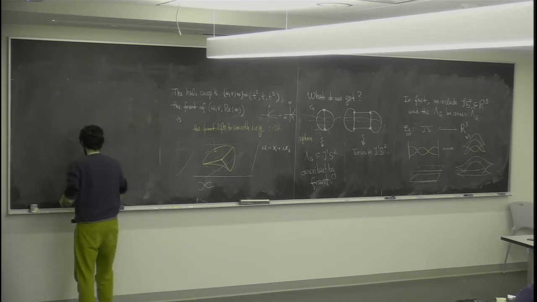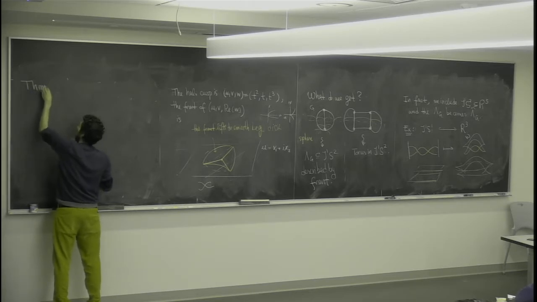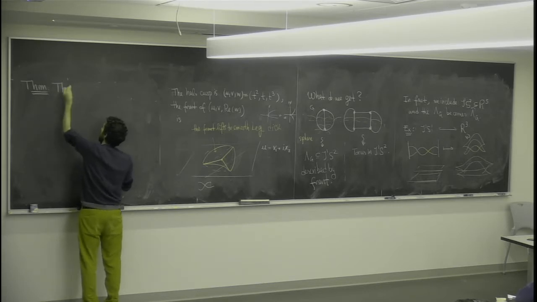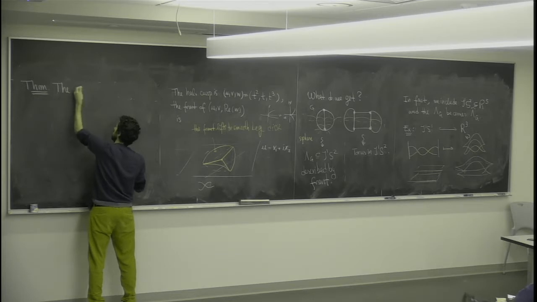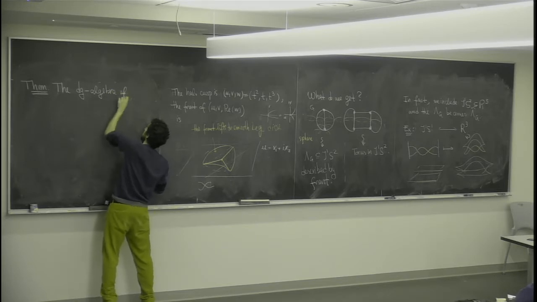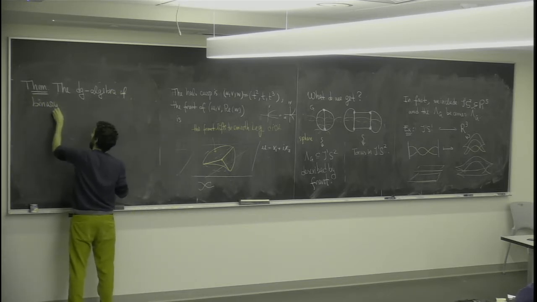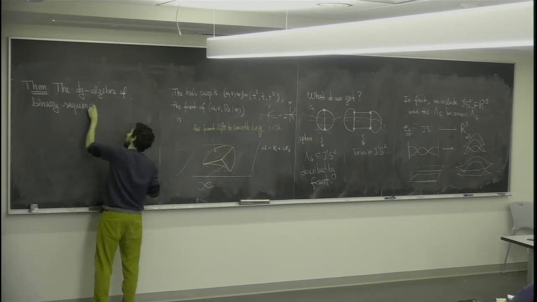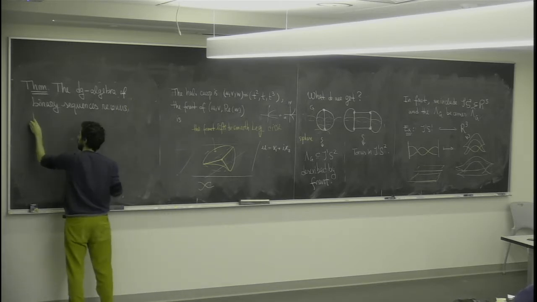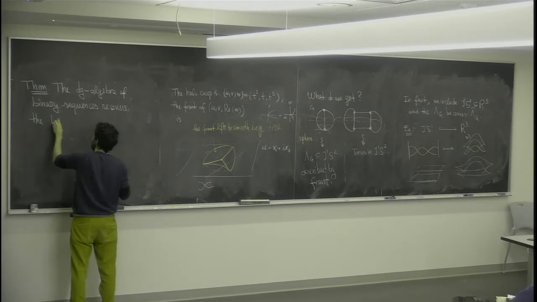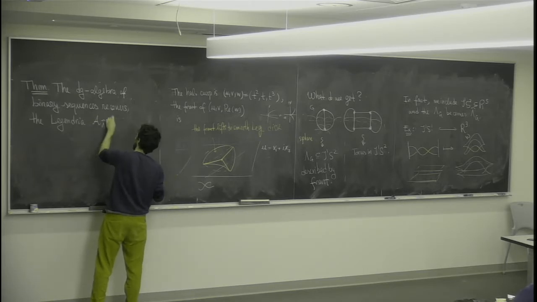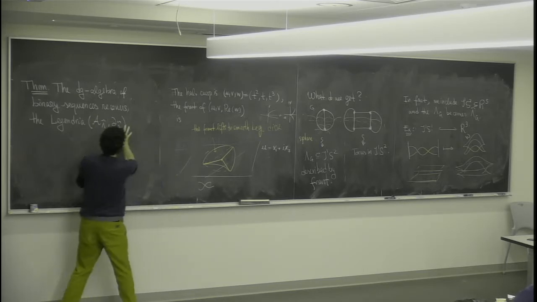So, theorem: the binary sequence algebra, the dg-algebra of binary sequences, recovers the Legendrian contact homology, or even the Legendrian algebra of those guys, closed upstairs. So that's the algebra from SFT.